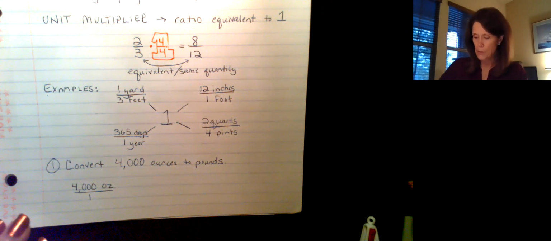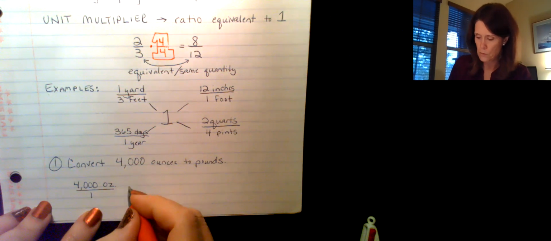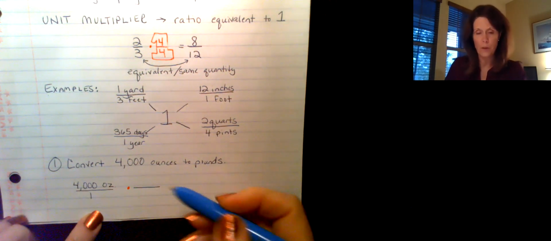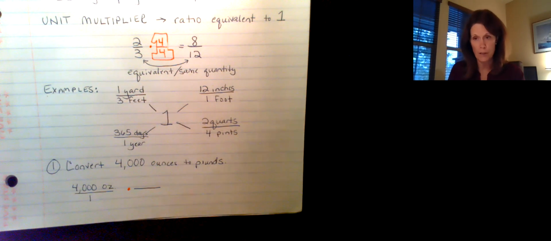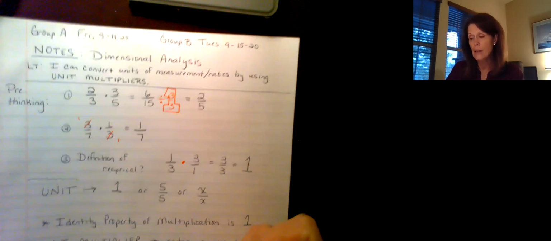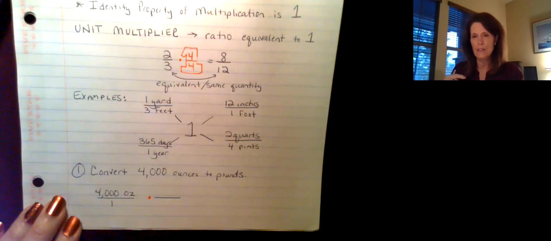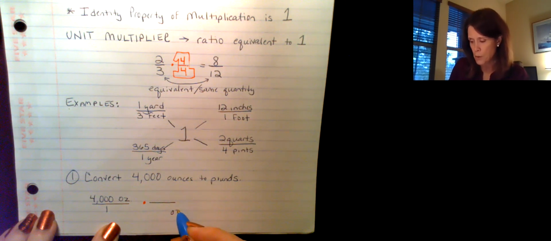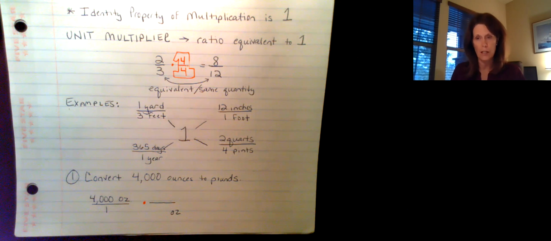Because we want to multiply it by a fraction. So we're going to multiply this by some version of 1, where the numerator and the denominator are the same. And what I want to do is get rid of the ounces. Okay, so just like we did up here when we were doing some canceling, right? I want to cancel or move away from ounces. And so I'm going to put it here in the denominator so that it can cross cancel the label now.